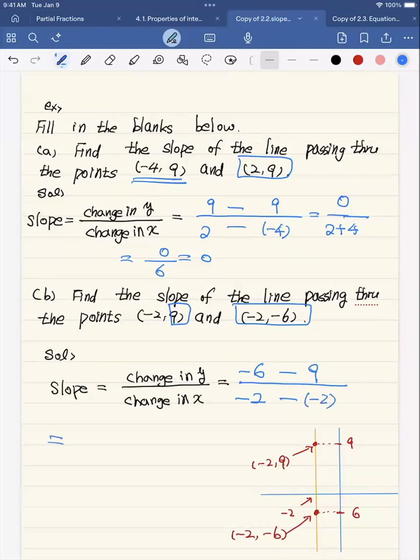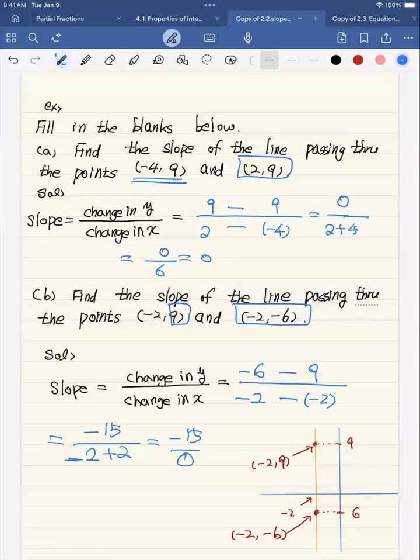So that is -15 over -2 plus 2, which is -15 over 0.